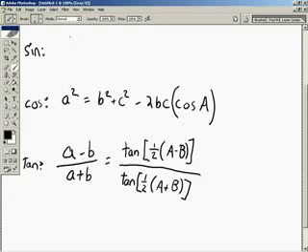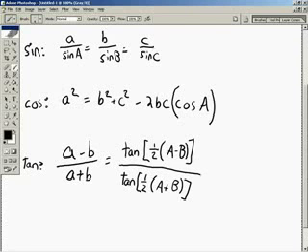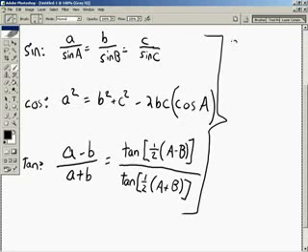A divided by sine A equals, you know what the other one was? B divided by sine B. Exactly. And C divided by sine C. Exactly. So here, in any triangle, these hold true.